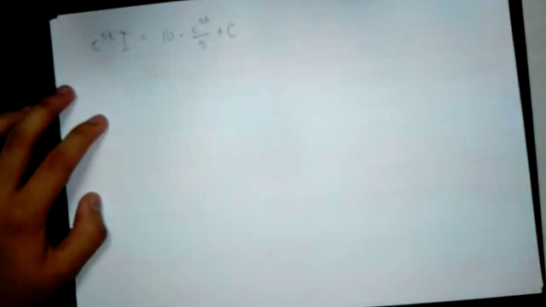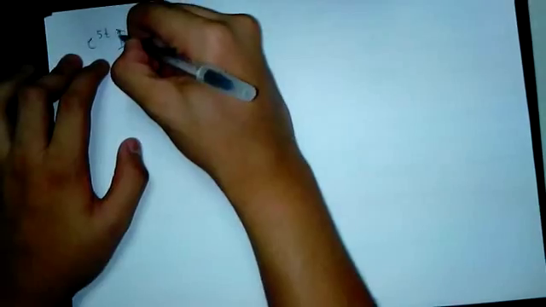Now, we're looking for I. I'm sorry, it's smaller i. Now we're looking for I. How are we going to do this? To do this, we need to divide e to the 5t from both sides.